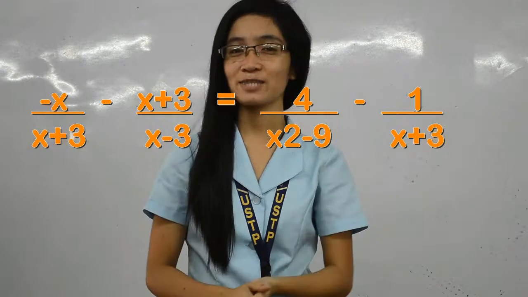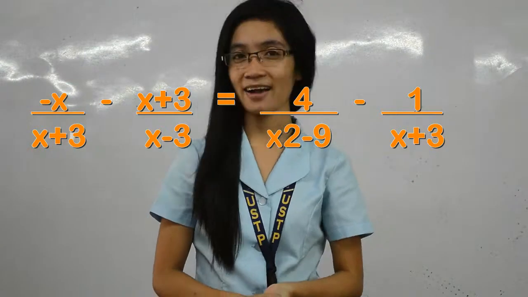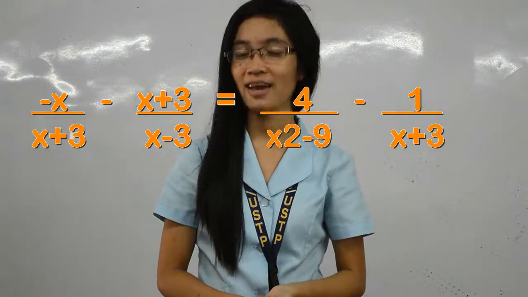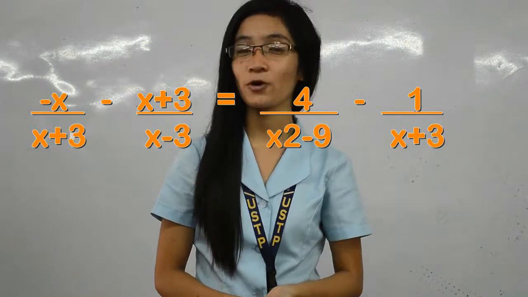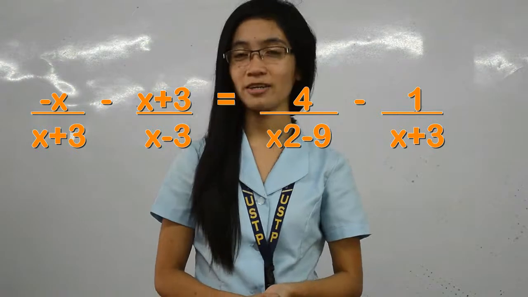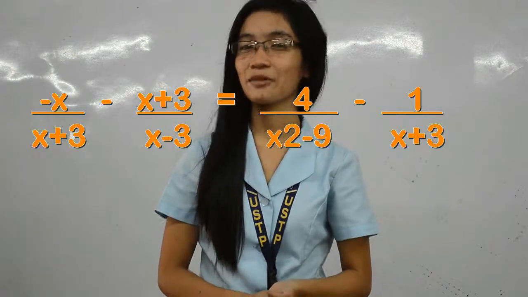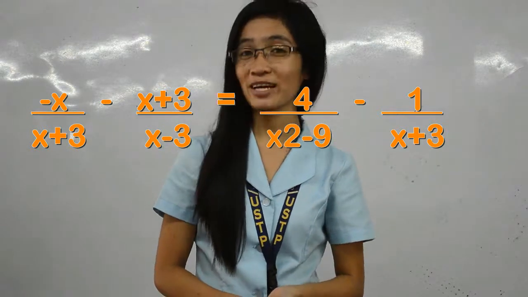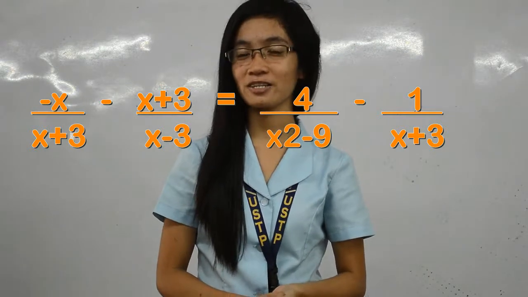So, let's say we have negative x over x plus 3 minus x over x minus 3 is equal to negative 4 over x squared minus 9 minus 1 over x plus 3. Do you guys consider this as a rational equation?